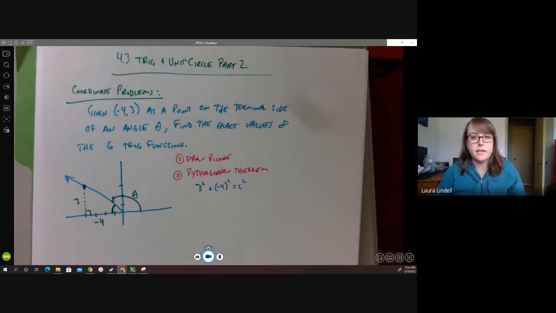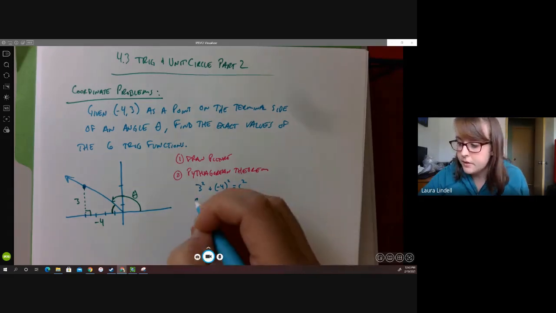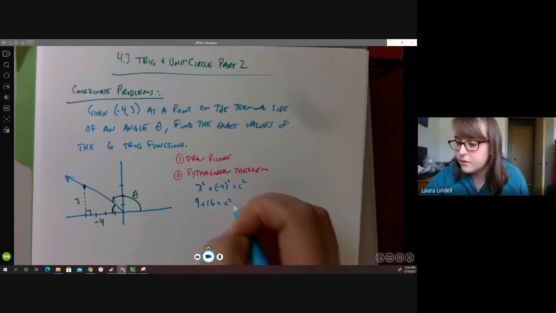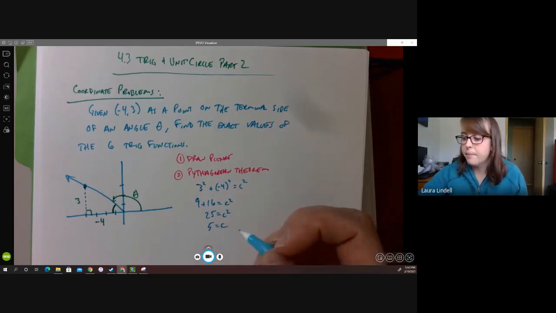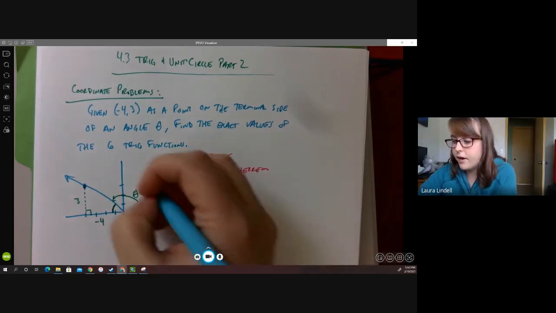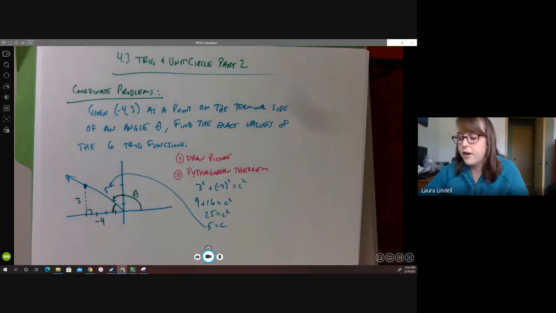Or if you've already recognized this as a 3, 4, 5 triangle, awesome. If it's one that you recognize, go ahead and use whatever Pythagorean triples you know. But if you don't recognize it, no big deal. You'll still get the same answer this way. So you get 9 plus 16 equals c squared. So c is 5. So that means that this side right here is 5.